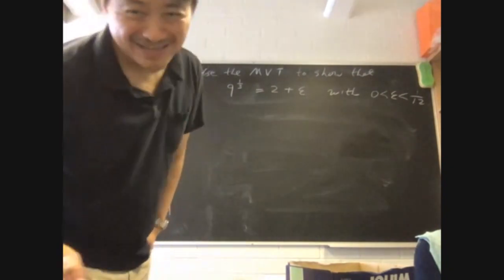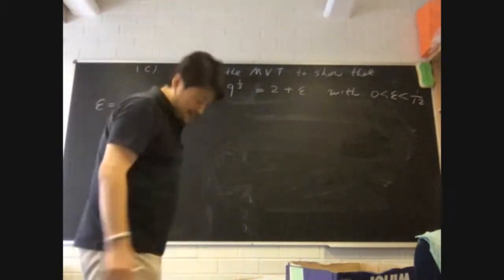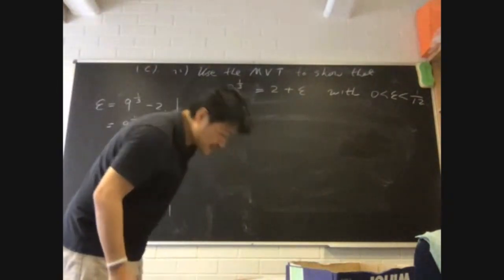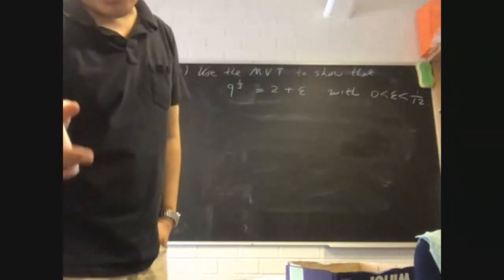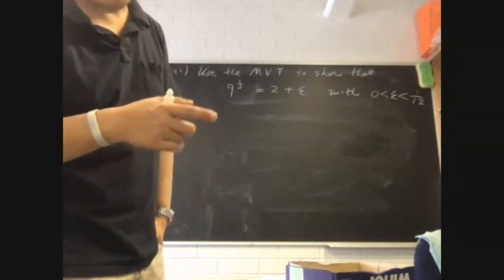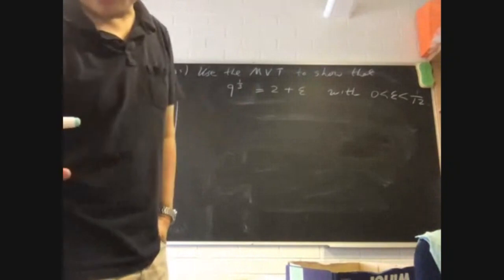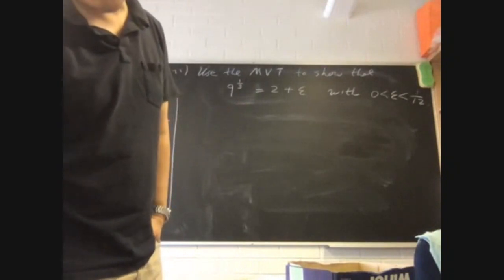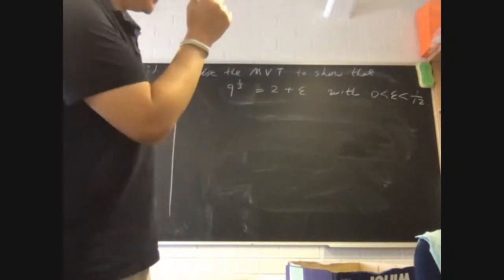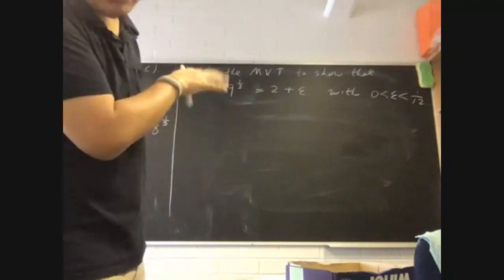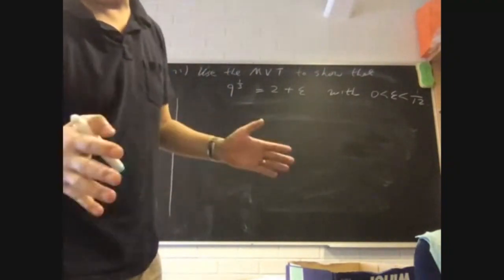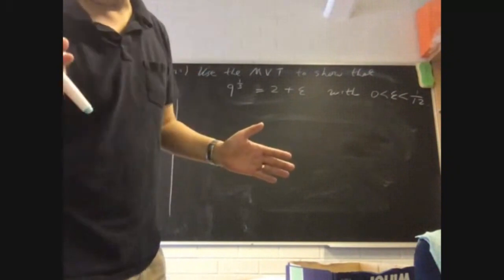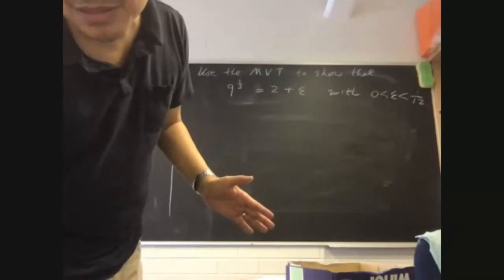You can certainly apply the mean-value theorem to show that epsilon is at least 1/12 and at most 1/9. But this problem only asks you to show that epsilon is in this bigger interval from 0 to 1/4.